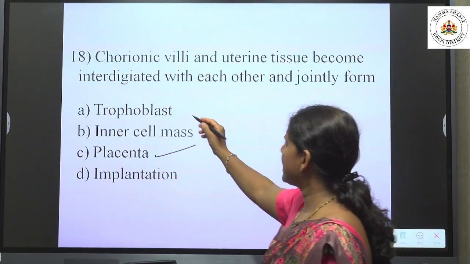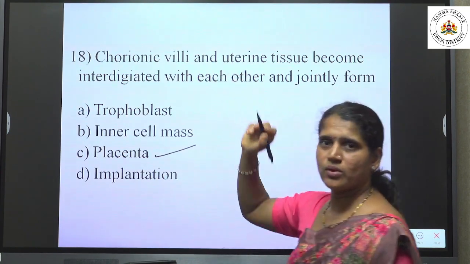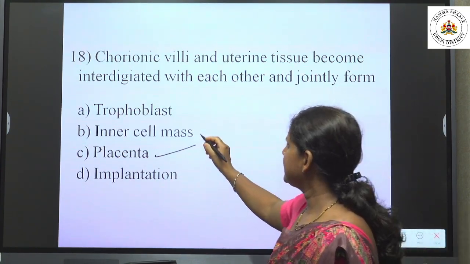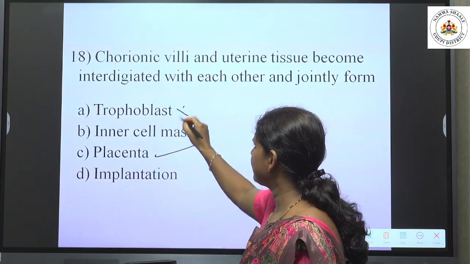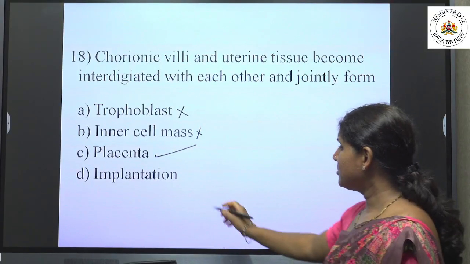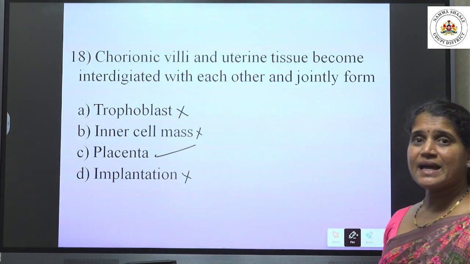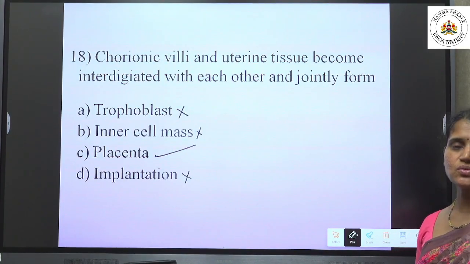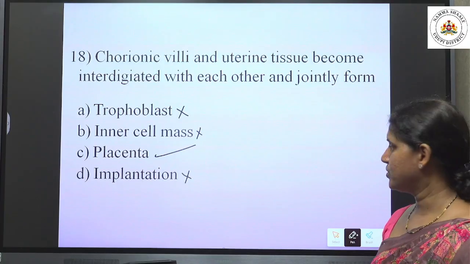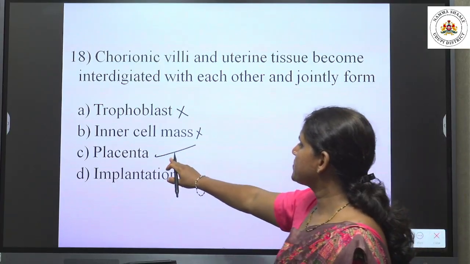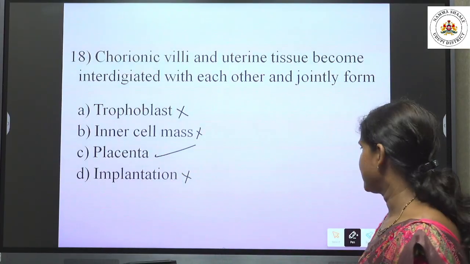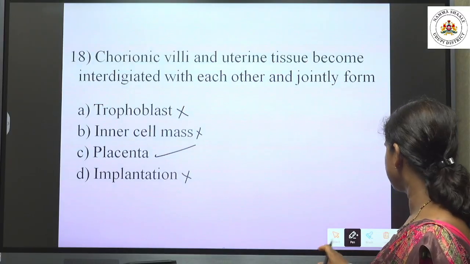The trophoblast gives rise to chorionic villi, and the inner cell mass develops into the embryo. Implantation is the process of attachment of the blastocyst to the wall of the uterus. So hence option C is correct. That is a placenta.